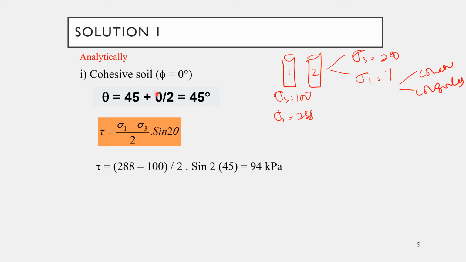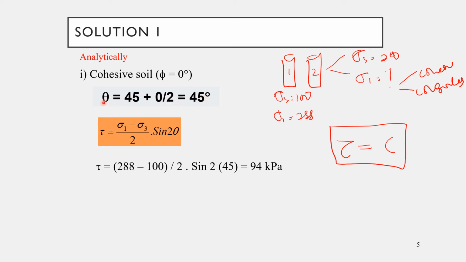We know that for cohesive soil, the friction angle is equal to 0, so shear strength relies only on the cohesion value. So shear strength is equal to C. What you can do first is calculate the angle of failure. Knowing the friction angle is equal to 0, the angle of failure would be equal to 45 degrees.